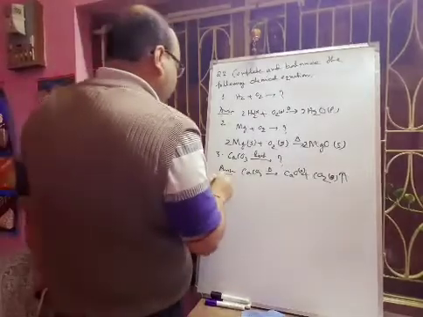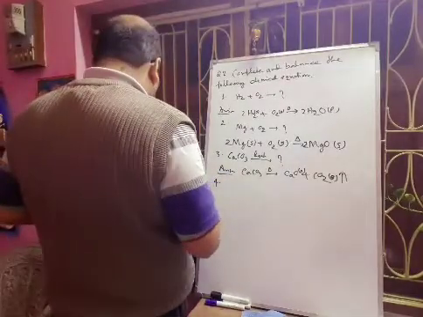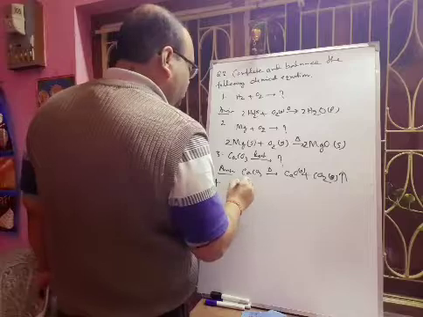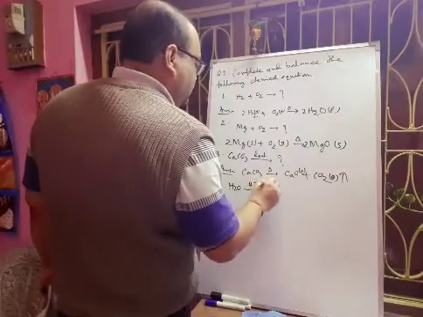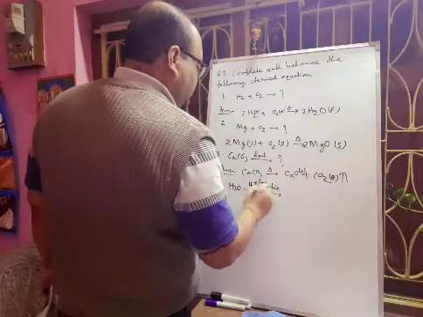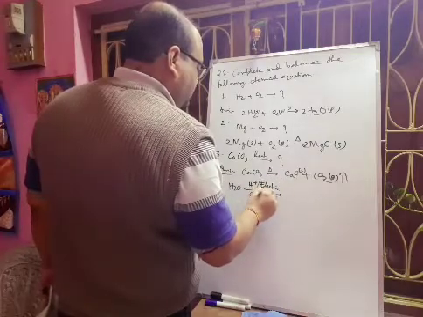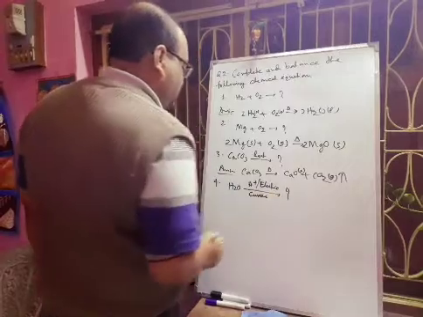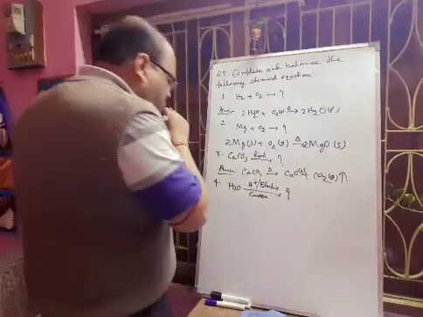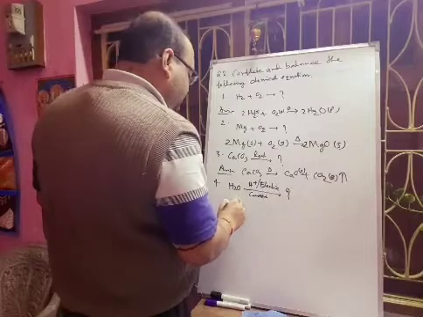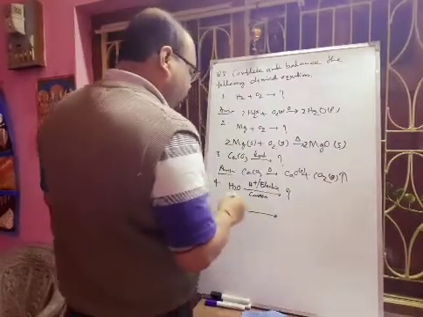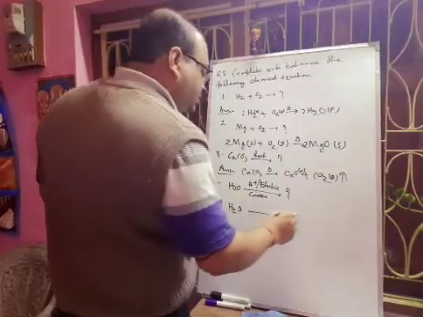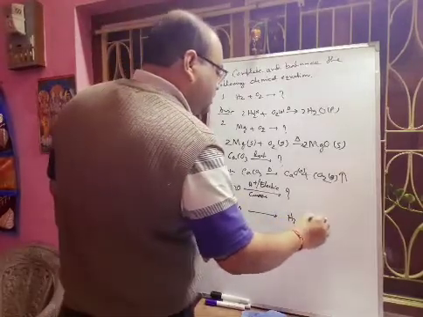Okay. Next question number 4. H2O, electric current. Okay, this is your question. Here you have to write that there will be electrolytic decomposition forming hydrogen gas and oxygen gas.